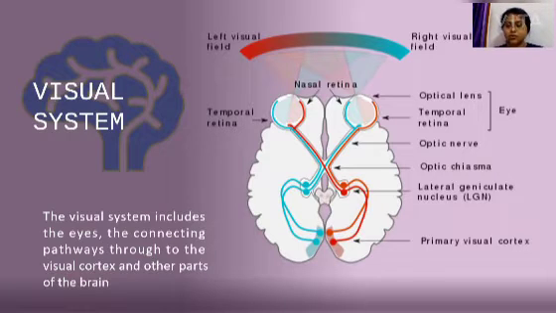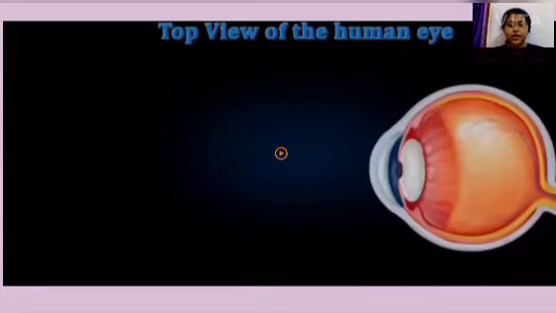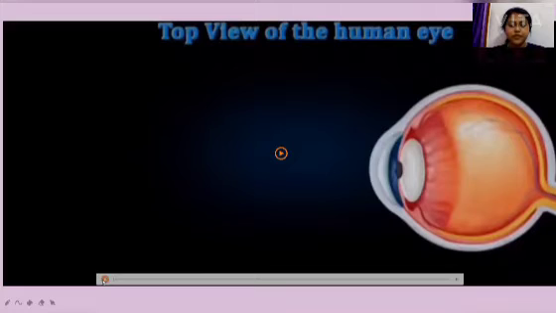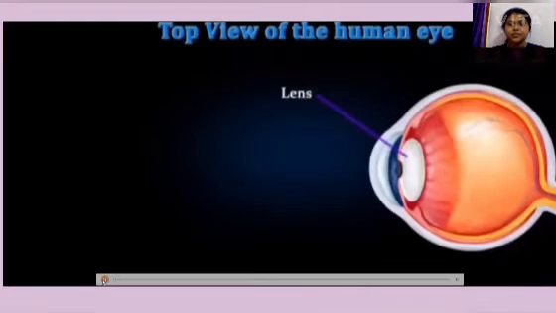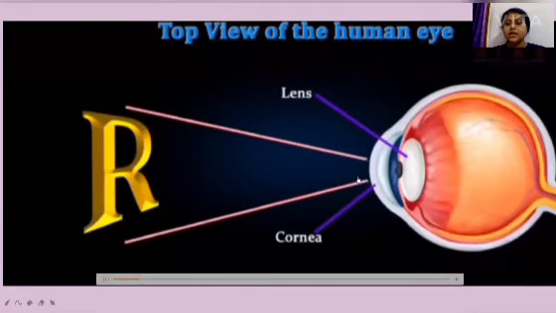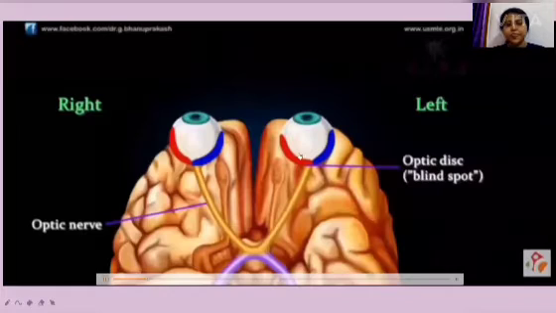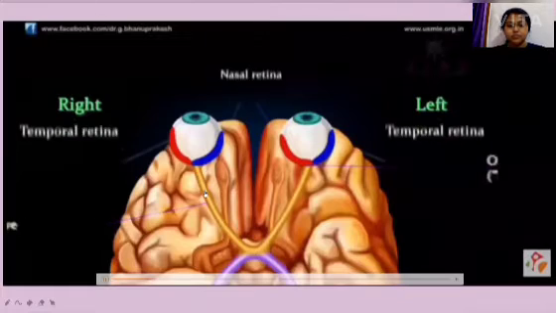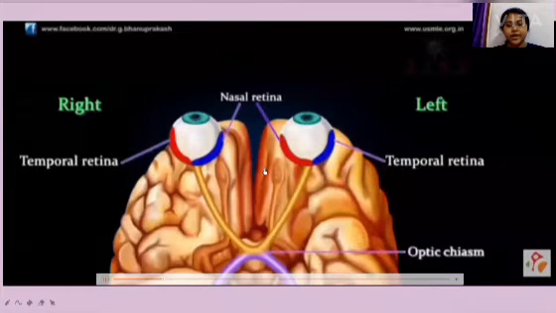Here is one small video from YouTube where the light through the lens and cornea is going to the retina. After that, the temporal retina and nasal retina, as I said, go through the optic chiasma, through the optic tract.